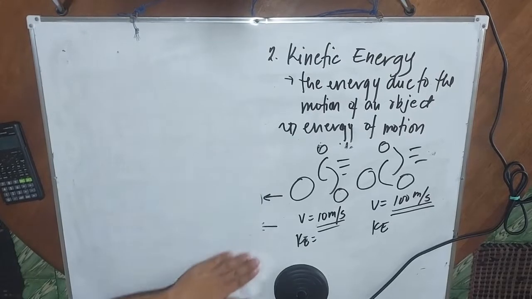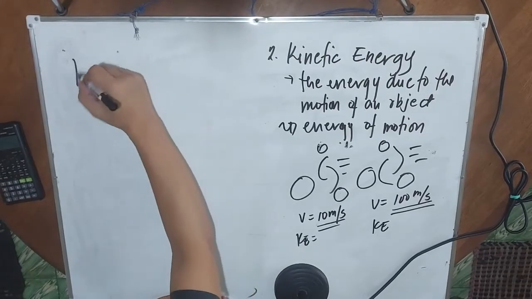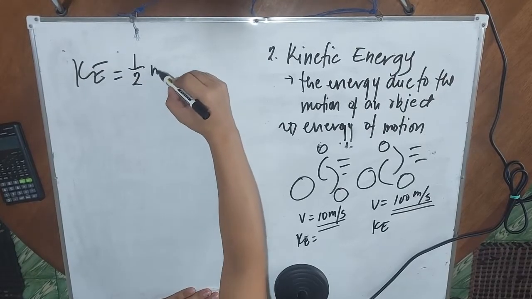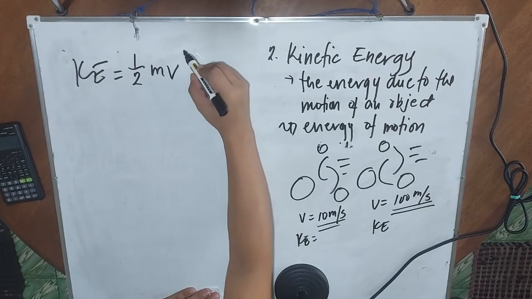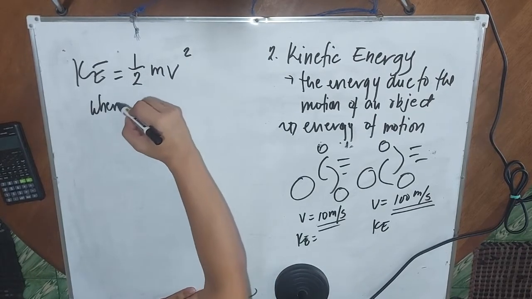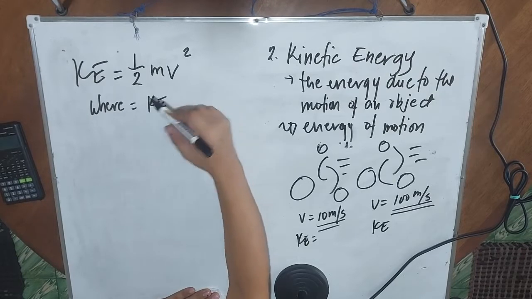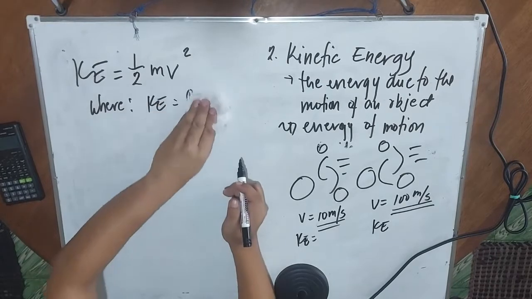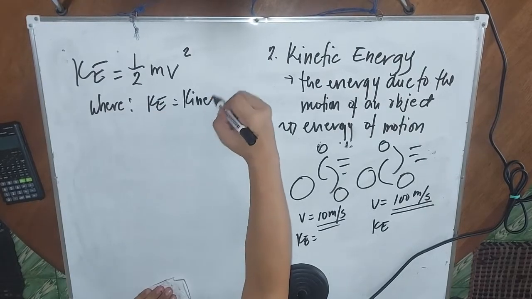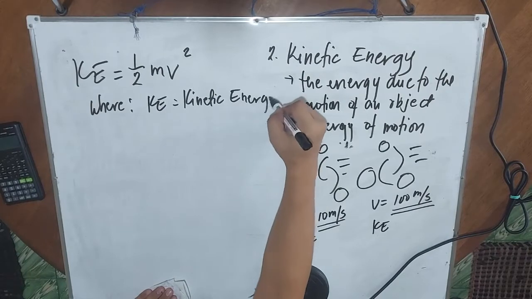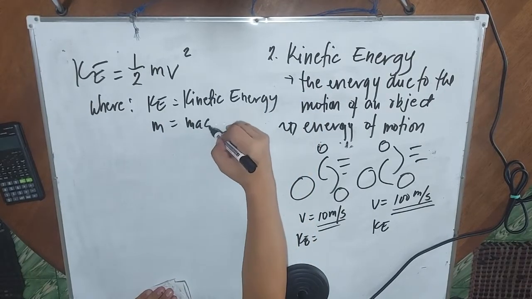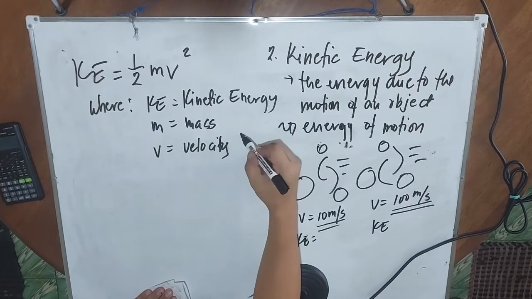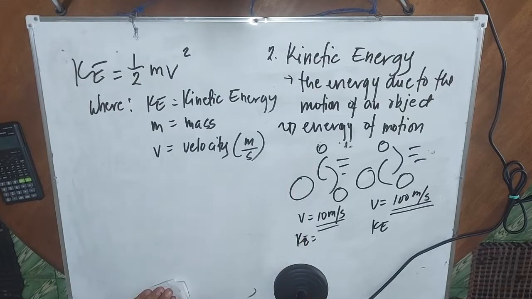Now, the kinetic energy of an object is equal to one half of its mass multiplied by its velocity squared, where KE is the kinetic energy, m is equal to the mass of an object, and v is equal to the velocity. Of course, velocity has a unit of meter per second.